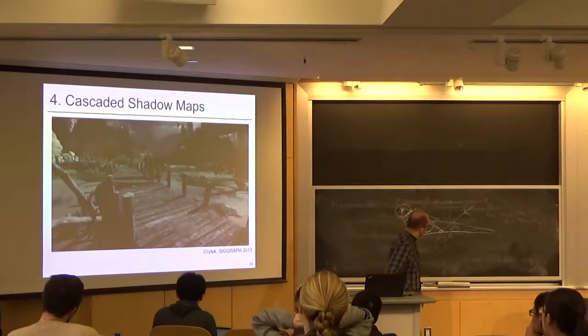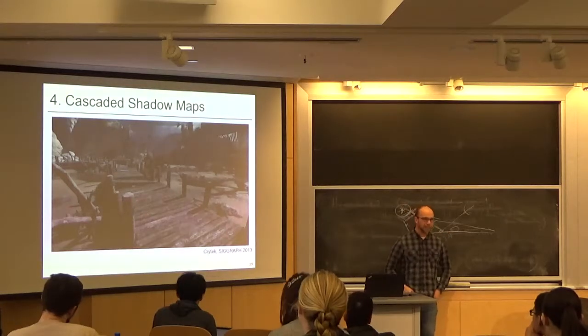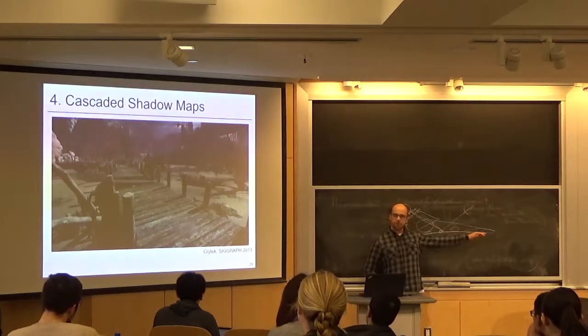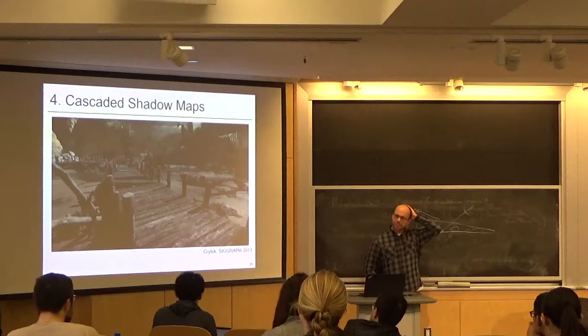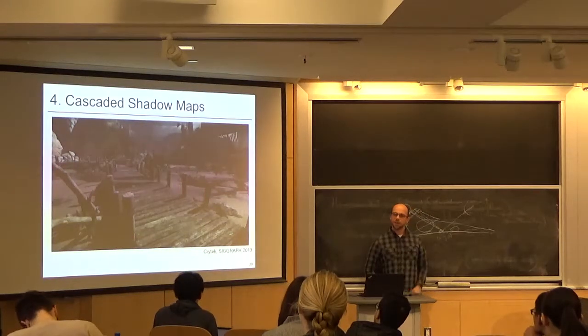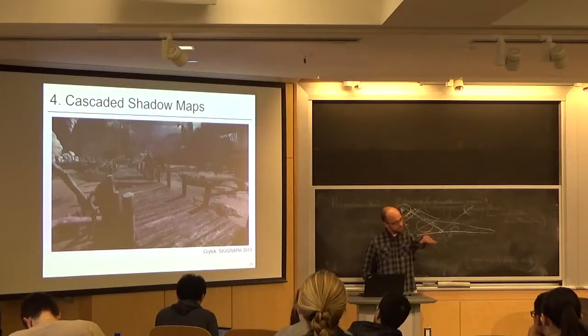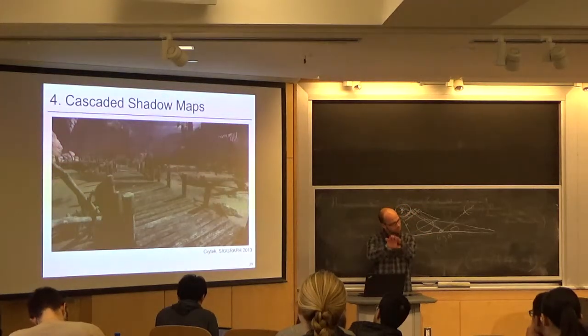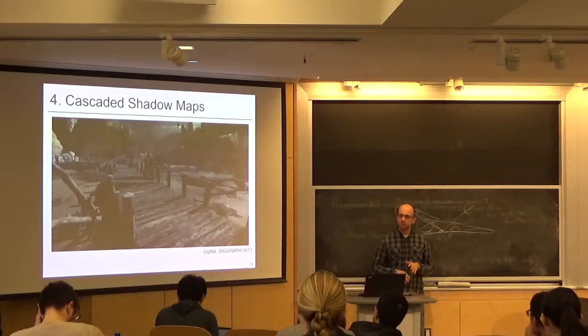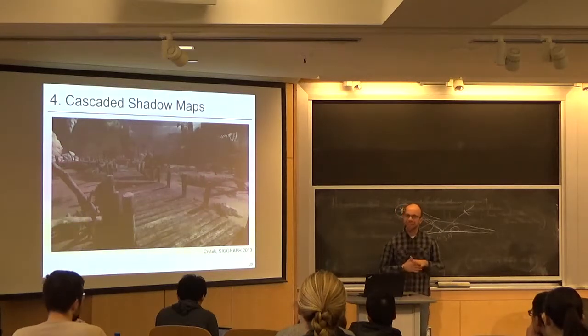So another issue, or another way of taking care of this issue, is to notice that you need a different resolution for your shadow map in different places. When the shadow map is particularly skewed, the pixels in the shadow map take up a large part of the geometry, whereas when they're very close, you don't need that.